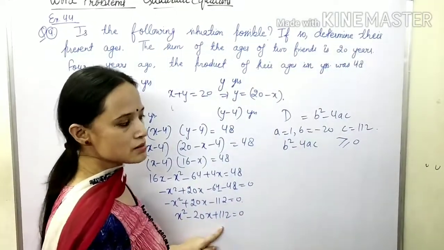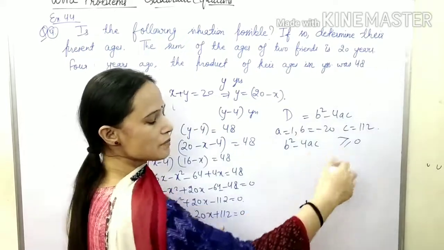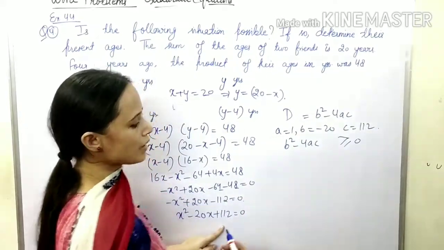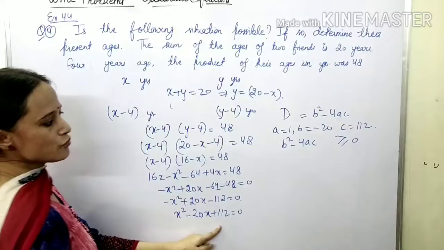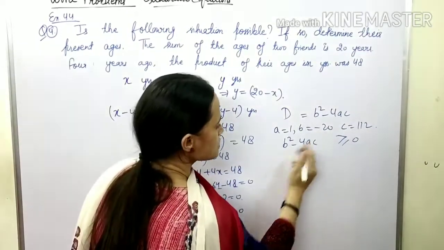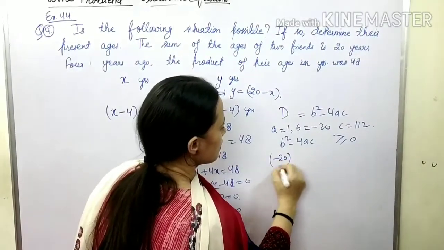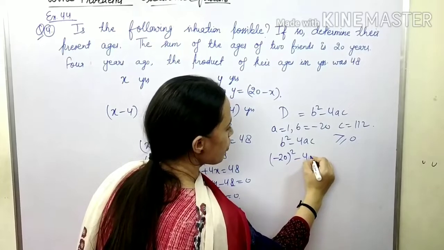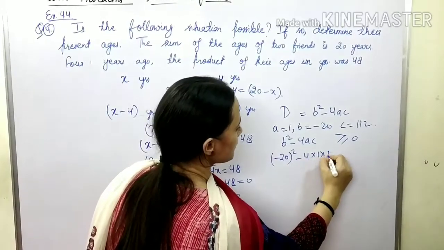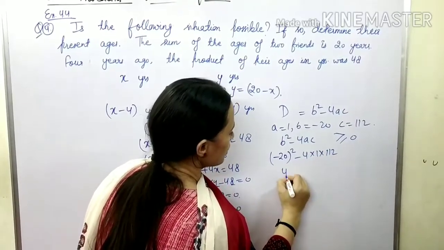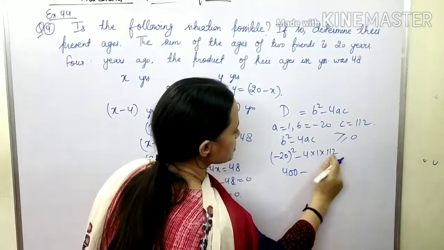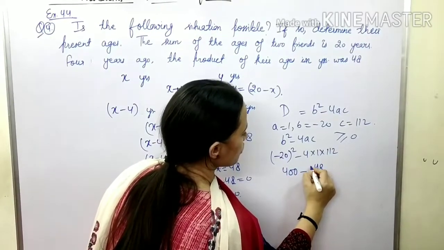So in some cases you can find that this value is coming as negative. There you will not be able to solve the equation. So we'll just put the values: minus 20 square minus 4 into a into c. 400 minus 4 times 112, which is 448.